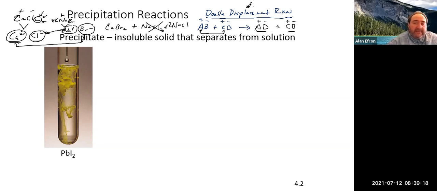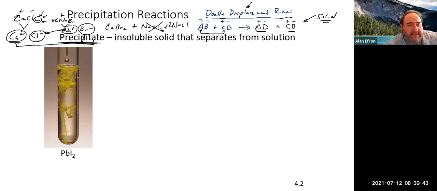But sometimes in a double displacement reaction, when we're doing these switches, when we're taking these ionic compounds and making new products on the other side, we can end up with a solid that forms. And if we do end up with a solid that forms, that is referred to as a precipitate.